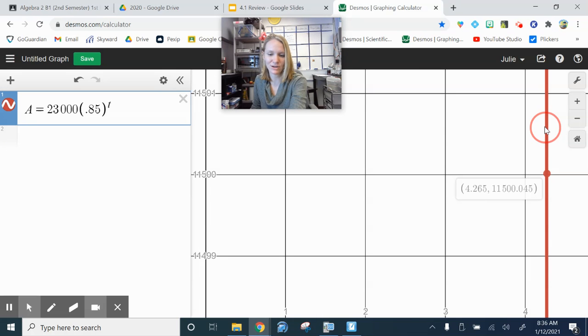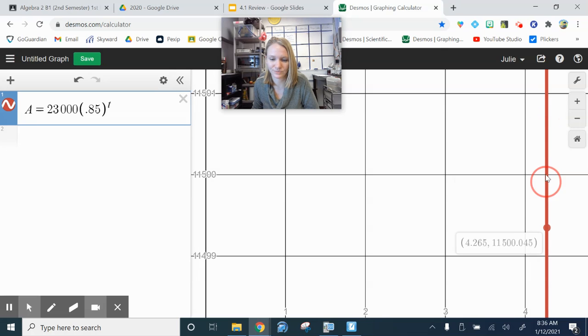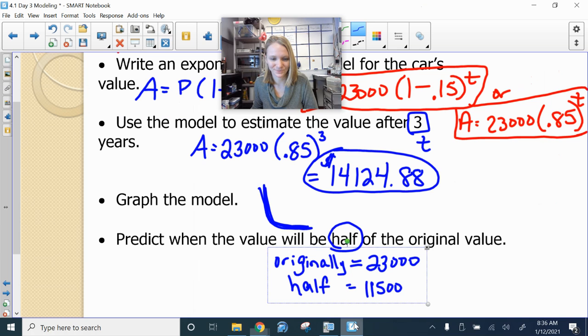There's my 11,500 showing up on the point value. And I can see the 4.265 for my X value. So that's my years. It looks like for the most part, it doesn't really change much, does it? That's because it only rounds so many decimal places.